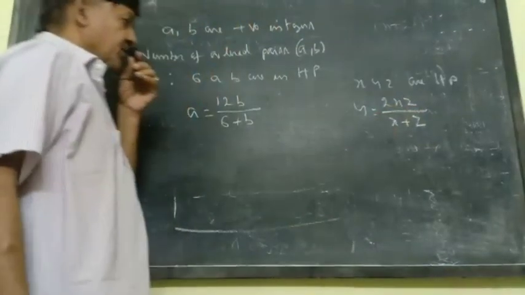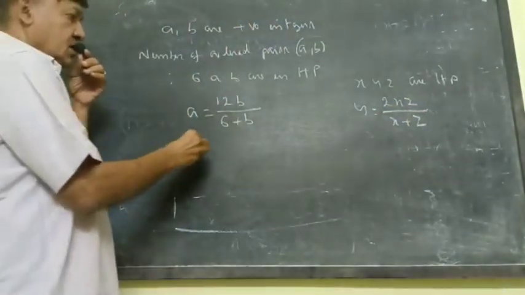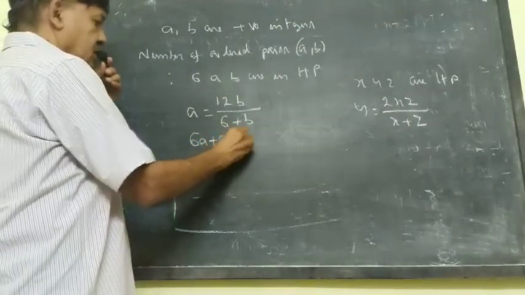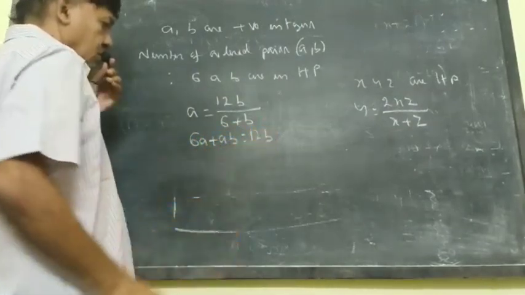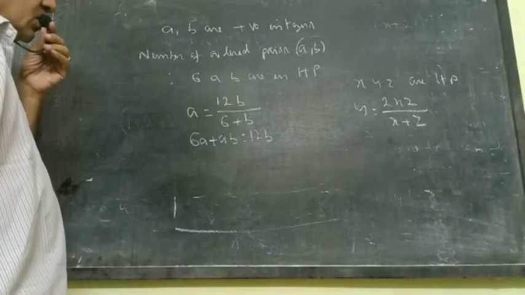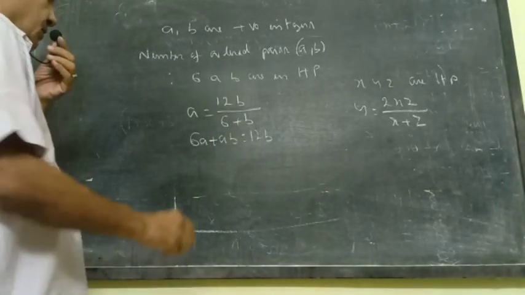Now from this you calculate b value. 6a plus ab is equal to 12b, you got.